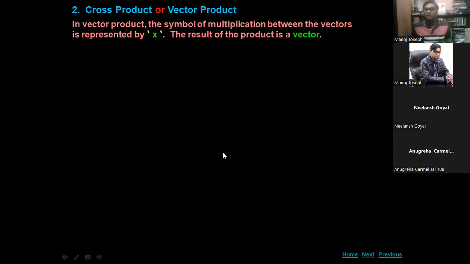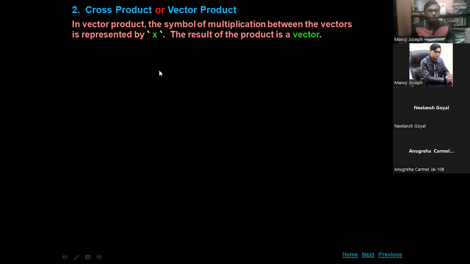Whenever there is work done, it is the dot product of the force vector and the displacement vector. And remember one thing, the force vector is a polar vector. Any vector which has a point of application is called a polar vector. So force is a polar vector.